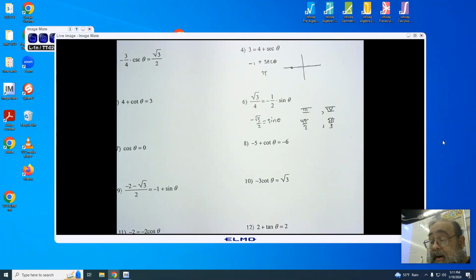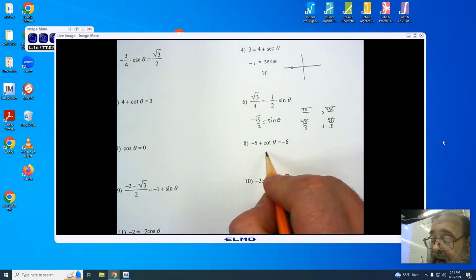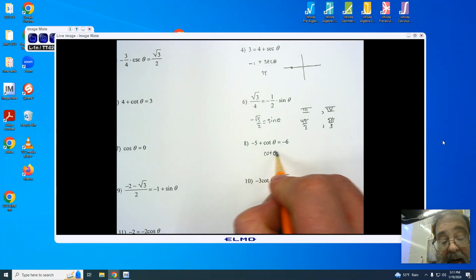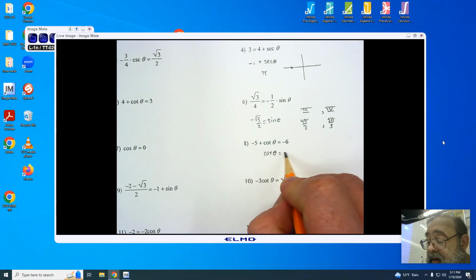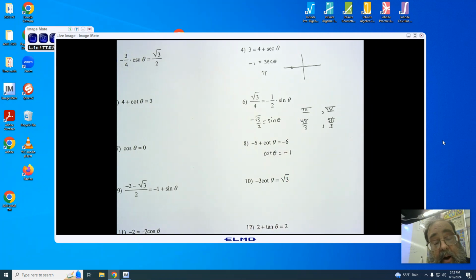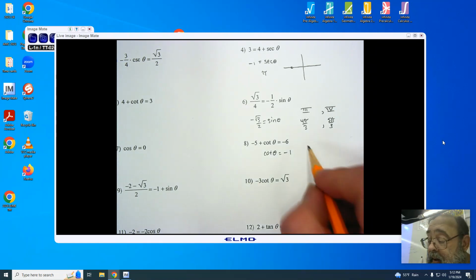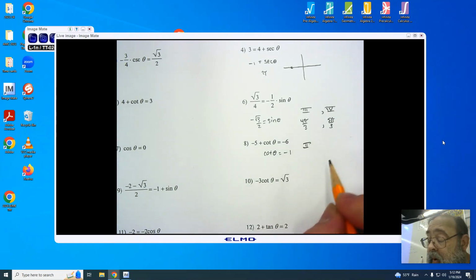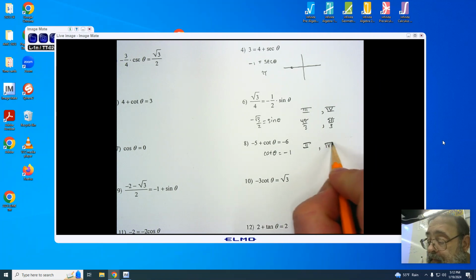Moving on to number 8. I'm going to go ahead and add 5 to both sides, and I end up with the cotangent of theta equal to negative 1. Now we know that the tangent of negative 1 happens when the sine and the cosine are opposite. This occurs in quadrant 2 and quadrant 4.